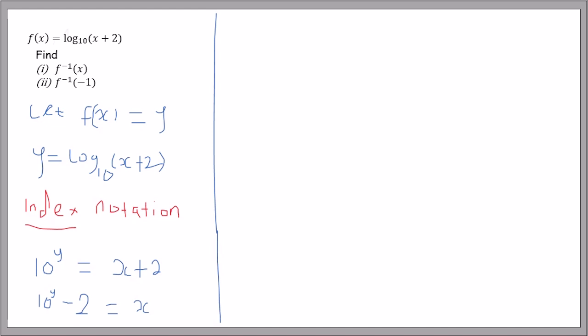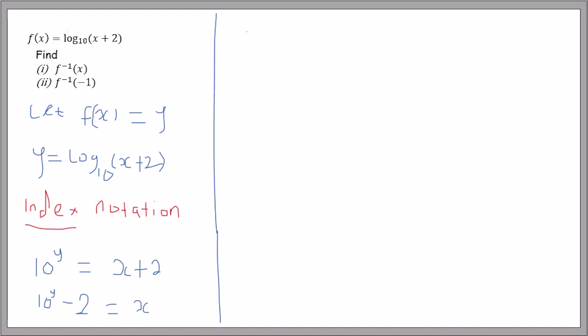Now after reaching that step, we're almost there. Remember our question was in x, so we need to do away with this y. So it is very simple. Where we have x, just make it the inverse. So in other words, this x is representing the inverse.